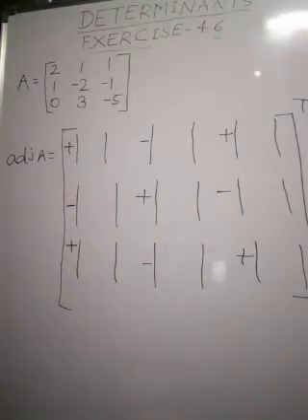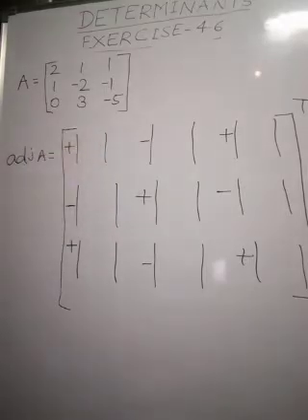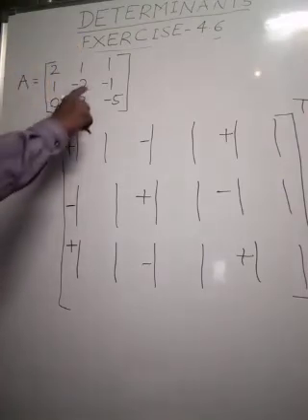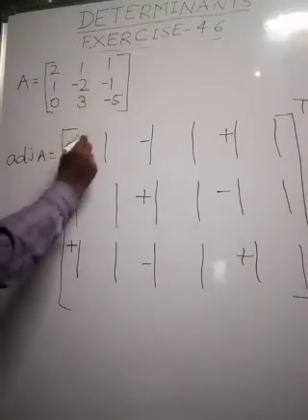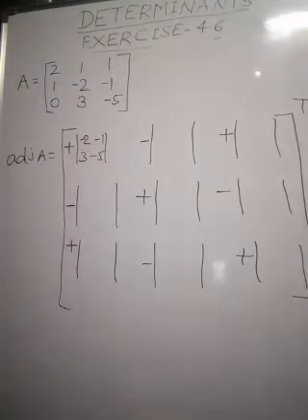Det A. So we are going to find the first row elements. Close the first row and the first column. What will you get here? Submatrix minus 2, minus 1, 3, minus 5.